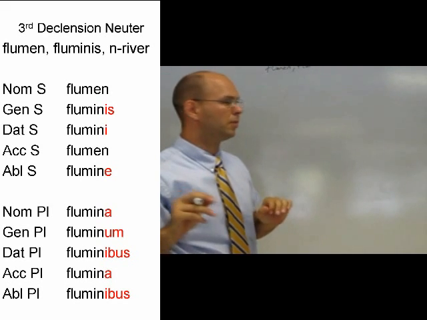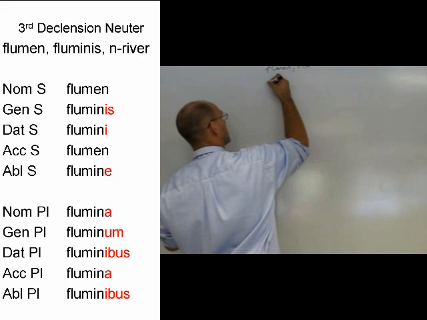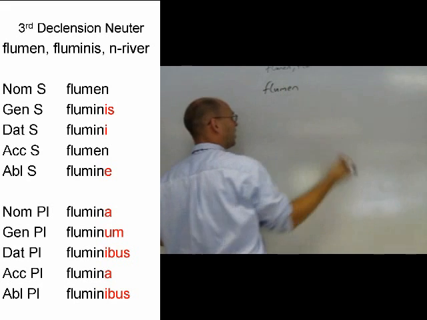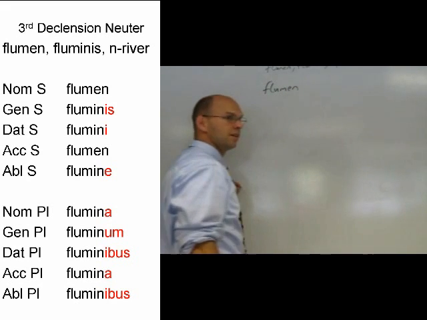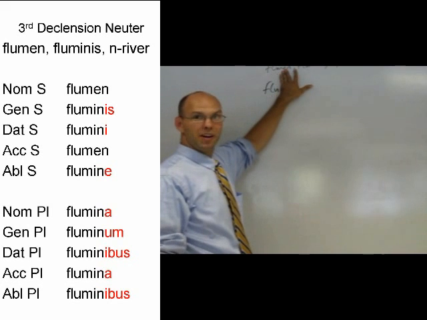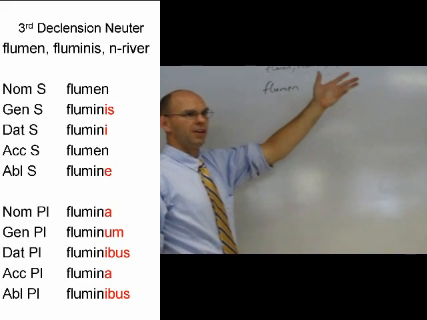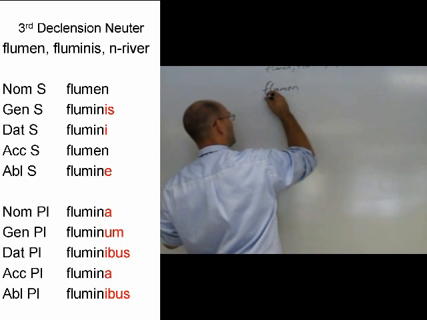And so flumen, fluminis. So we start with flumen, right? And neuter. And also a trick: when I tell you to decline, and I give you flumen, fluminis, I've already given you 2 out of the 10. Nominative singular, genitive singular. So I've already given you the first 2.